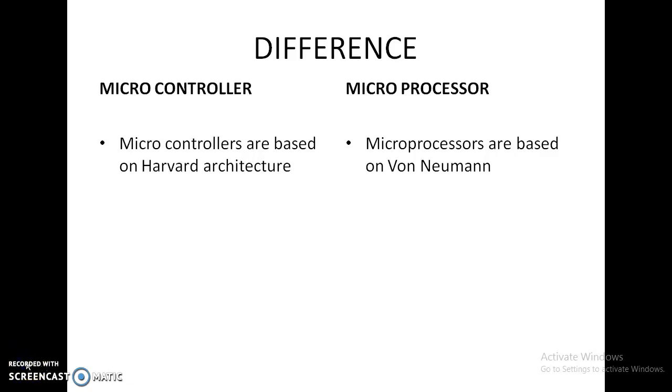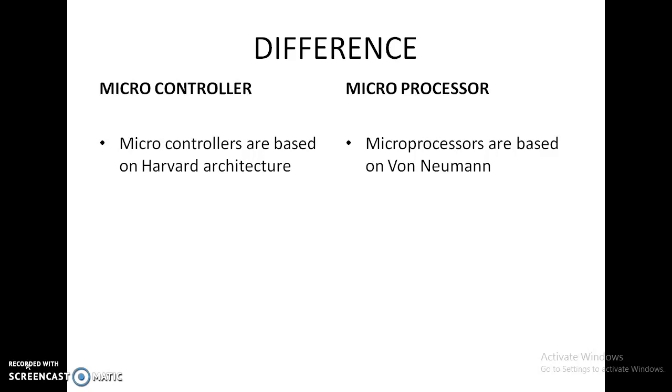We'll study what is Harvard architecture and what is Princeton architecture in the next video. But for now, I'll explain what is Harvard architecture. In Harvard architecture, there will be a separate memory for program storage, stack, and variable RAM.